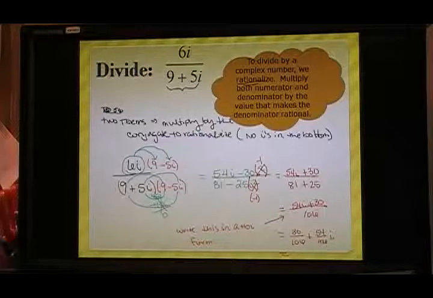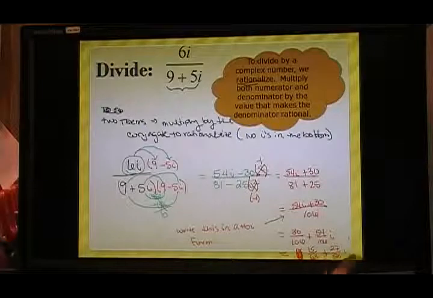In your calculator, just do 30 over 106 and let your calculator do that reduction for you. It is 15/53. Plus 54 over 106 reduces to 27 over 53, so that's 27 over 53 i.